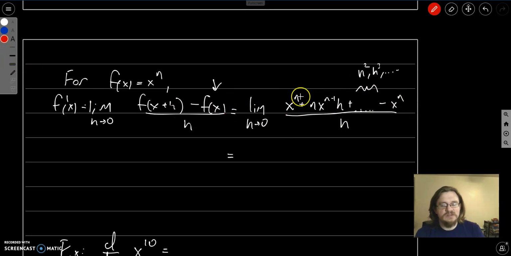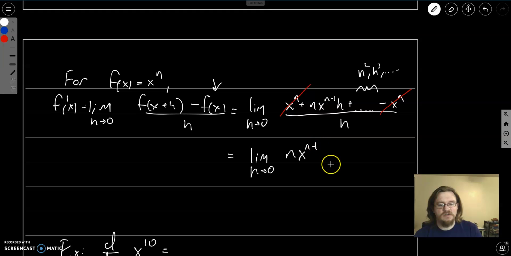And the only reason that I'm writing all this down is because those guys cancel. The h cancels there. So I'm taking the limit as h goes to 0. After the h is canceled there, I have an n, x to the n minus 1.